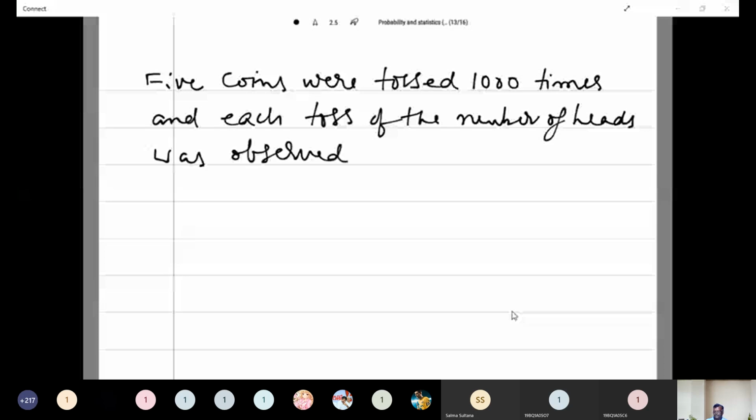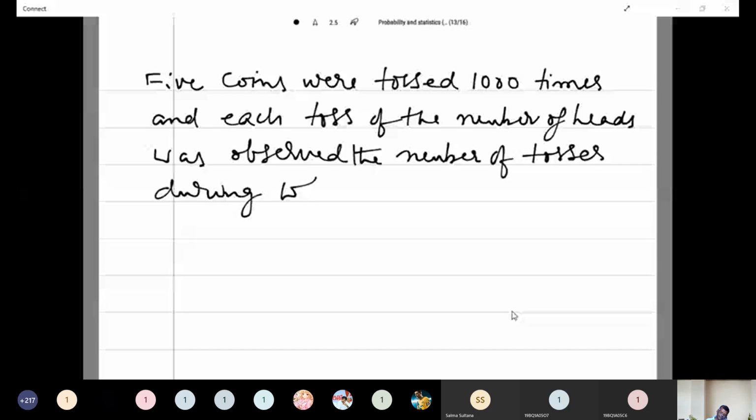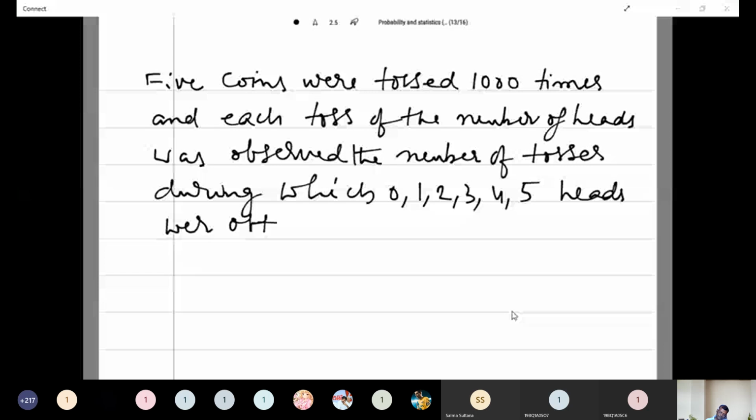The number of tosses during which zero, 1, 2, 3, 4, 5, that means no head, 1 head, 2 heads, 3 heads, 4 heads and 5 heads were obtained is shown in the following table.